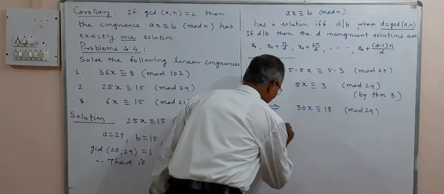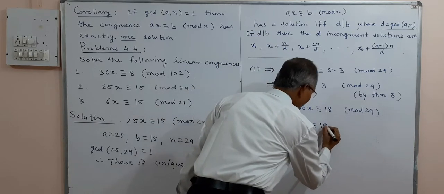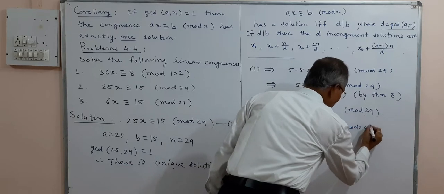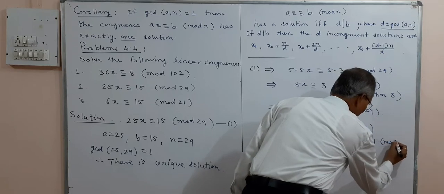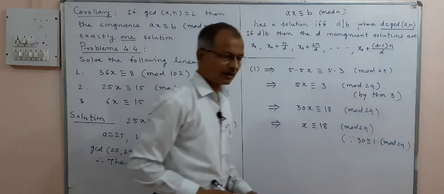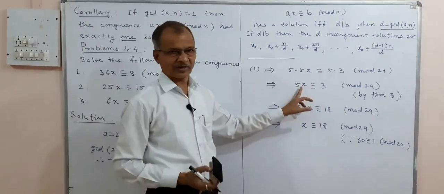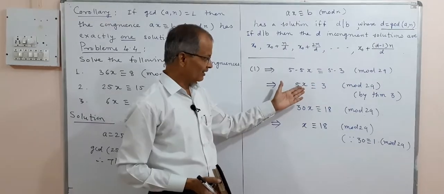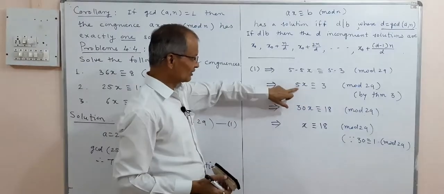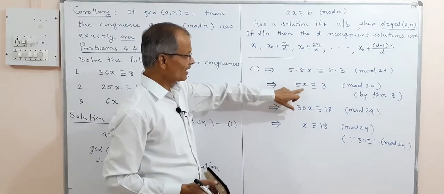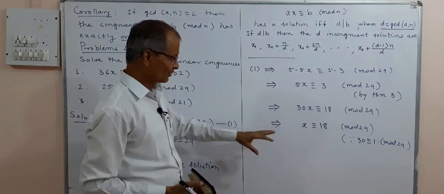So this implies x congruent to 18 modulo 29, since 30 is congruent to 1 modulo 29, and this is done. Or you may check the solution by taking the values of x as 1, 2, 3 and so on, and find by inspection. Here also 18 into 5 is 90, 90 minus 3 is 87, and 29 divides 87. So therefore this is a solution.